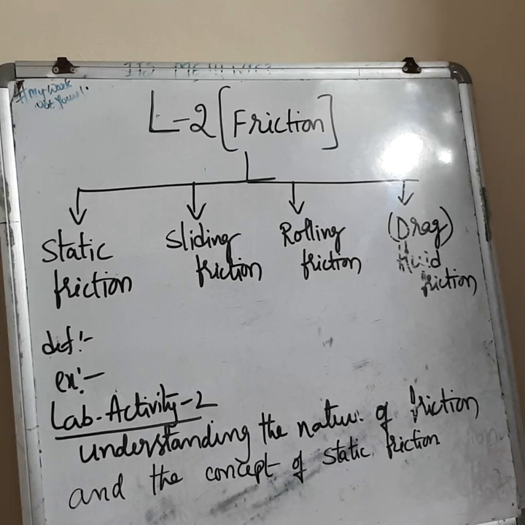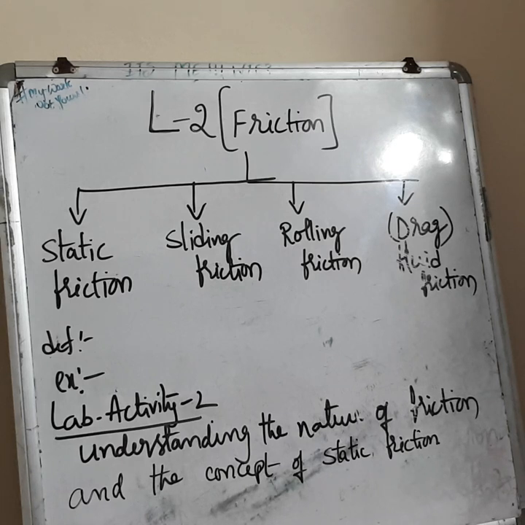Next, this frictional force depends on the roughness of a surface. When the surface is very smooth, frictional force is very less. And one more thing, when the surface is rough, friction is more.